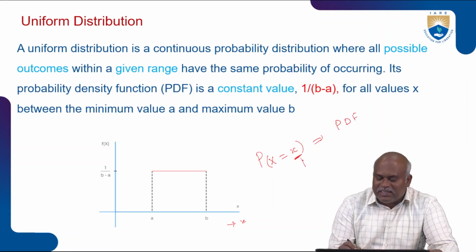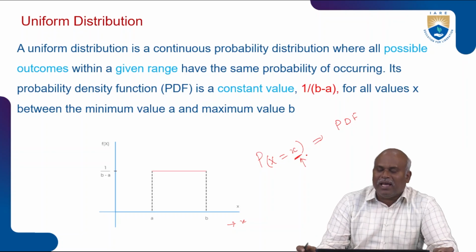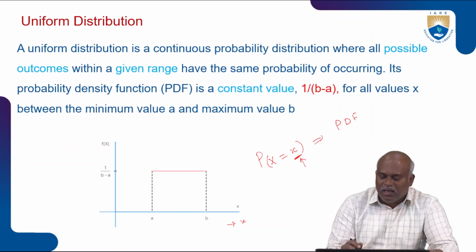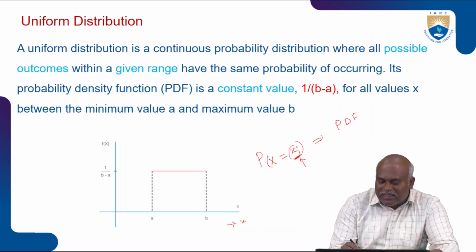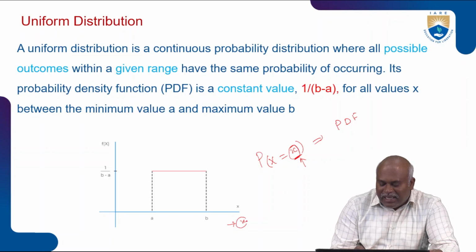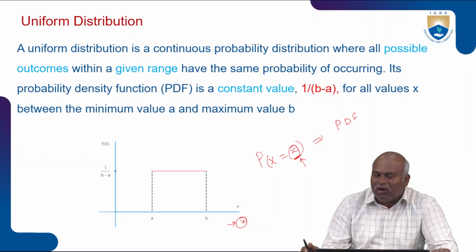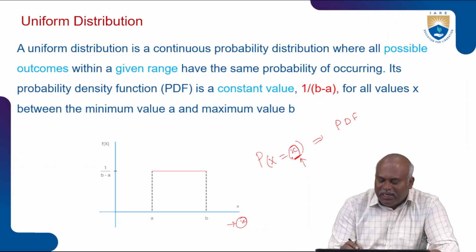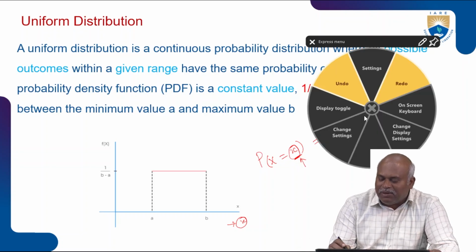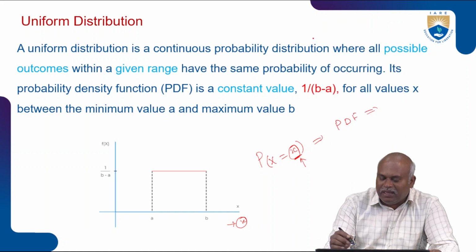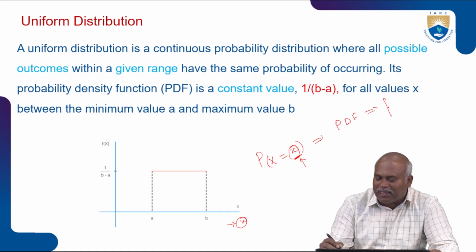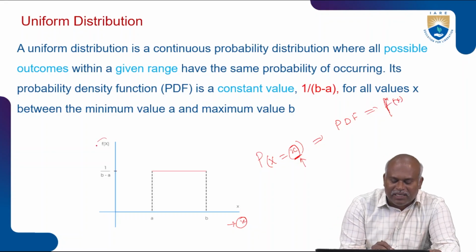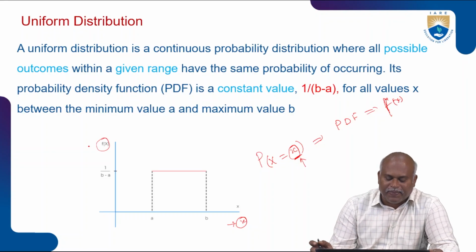This x we consider as continuously occurring, and I take it on the x-axis. Then the probability density function f of x, I take here in the y direction.